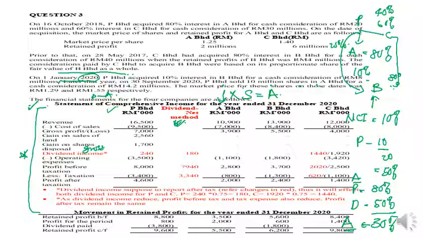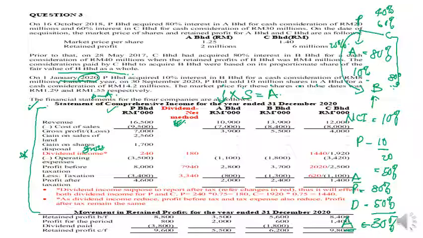Prior to that, on 28th of May 2017, C acquired an interest in B. So C already has shares in B, 80%.